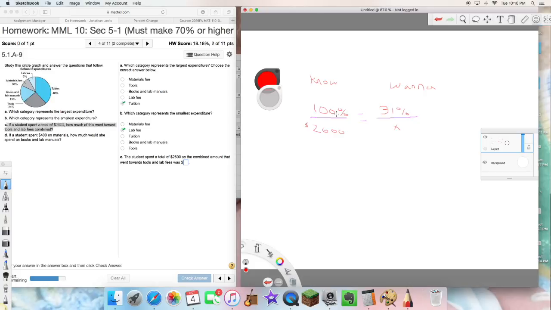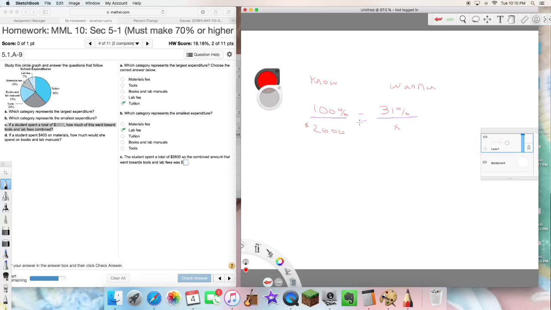Now, the next thing I want you to remember is, in this particular problem, what's on top stays on top. So I put percentages on top, percentage stays on top. Money is on bottom, stays on bottom. Now, the other thing you should notice is that I didn't use decimals in this particular problem, and that's okay. I've set up a nice proportion and the math just works out that way.